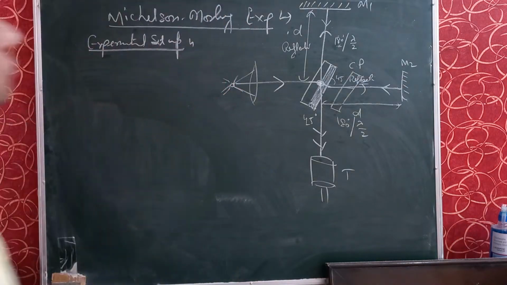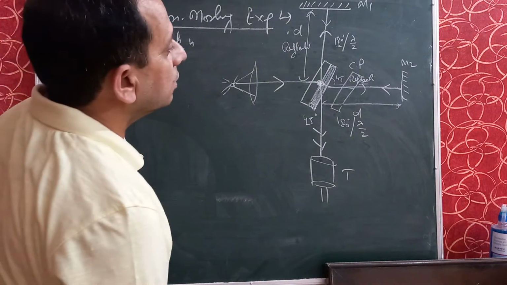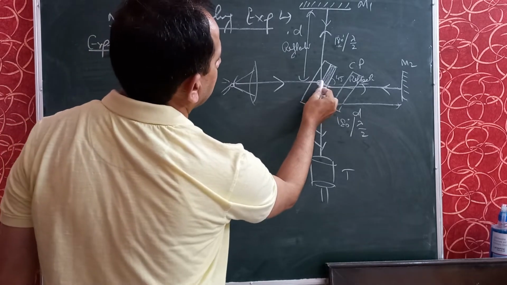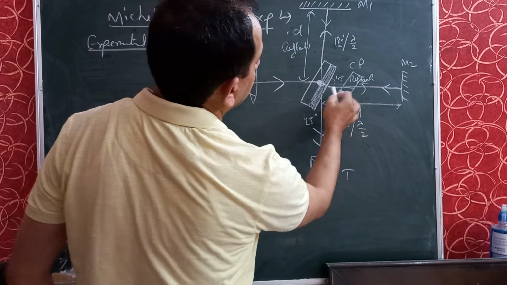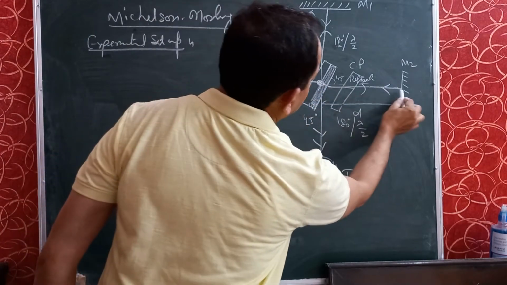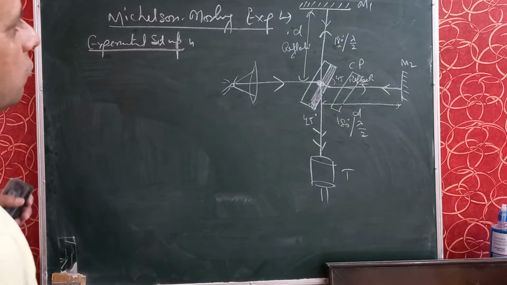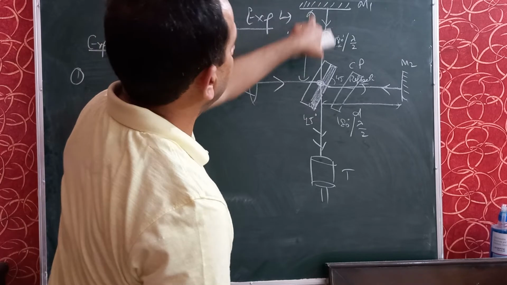Now, we will find the time taken by the ray of light for the complete journey on reflection and the time taken by the ray of light to complete the journey in case of refraction. So first of all, we will consider the time taken on reflection.